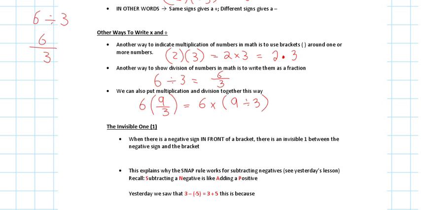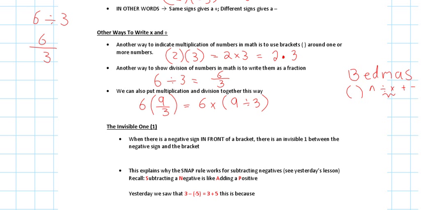So brackets, exponents, I don't know how you write the exponents, I'm going to just write that indicates exponents. Division, multiplication, addition, subtraction. Division and multiplication are in the order they actually appear in the equation, and then addition and subtraction in the order they appear in. We'll talk more in detail about this.